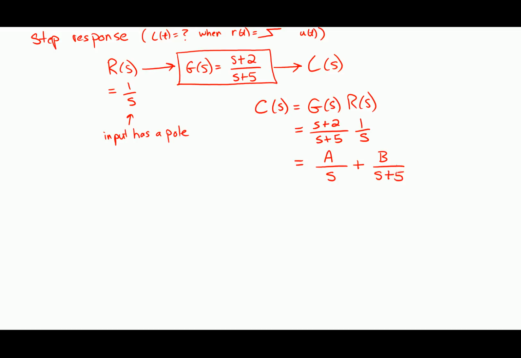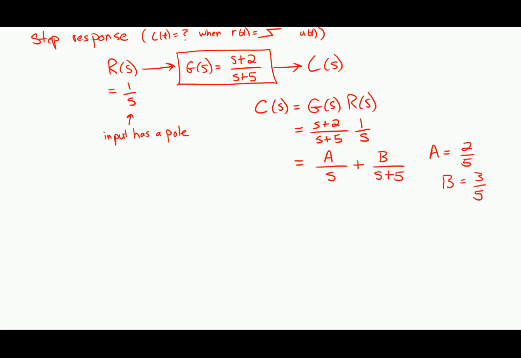The whole goal of that partial fraction expansion is to figure out what a is and what b is. Now, if I go through that process here, what I will find is that a is equal to 2/5 and b is equal to 3/5. I'm not going to go through that. You should be able to figure out how to do that.